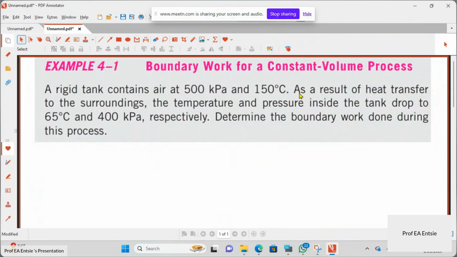Of course, they said the tank is rigid. Ladies and gentlemen, whenever we talk about rigidity of a substance, what we mean is that the substance cannot move. So there is no volume change created there. That's why it's a constant volume. Though pressure is acting, the change in volume is nil, zero.